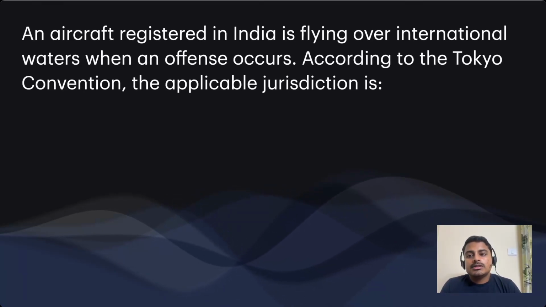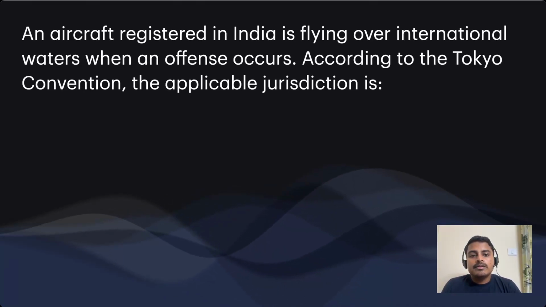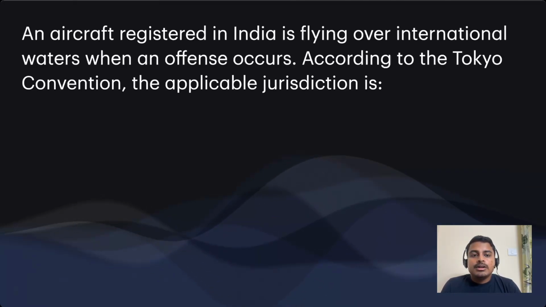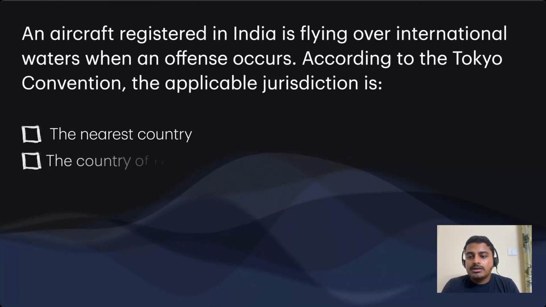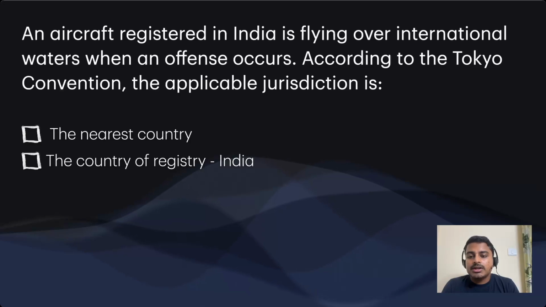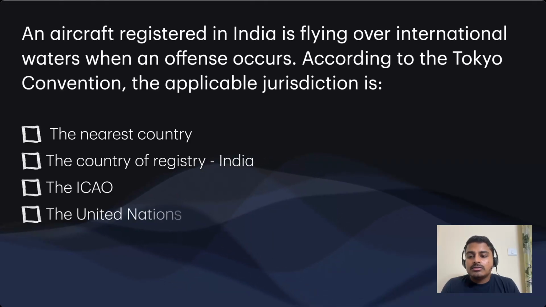The next question is, an aircraft registered in India is flying over international waters when an offense occurs. According to the Tokyo Convention, the applicable jurisdiction is dash. The nearest country, the country of registry, which is India, the ICAO, or the United Nations? Again, the same thing.